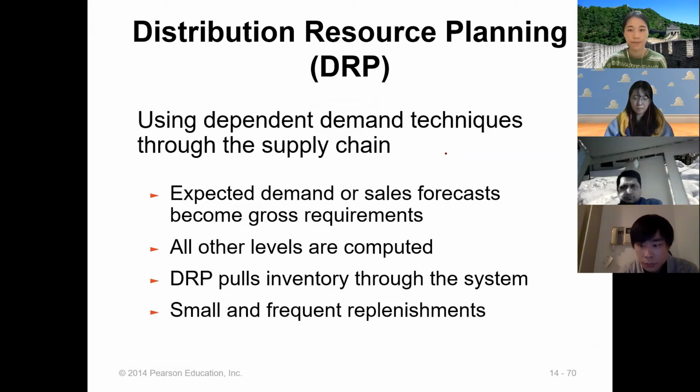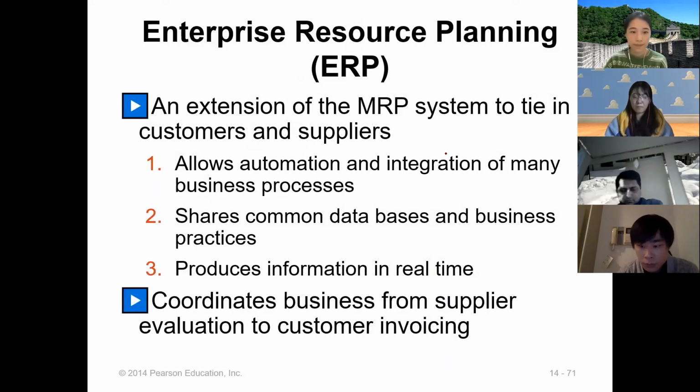Okay, we go to other kinds of resource planning, distribution resource planning. This is a kind of method in MRP as well. And today, if you see some companies, they go to the extent of not only just material, because material is very, very small.